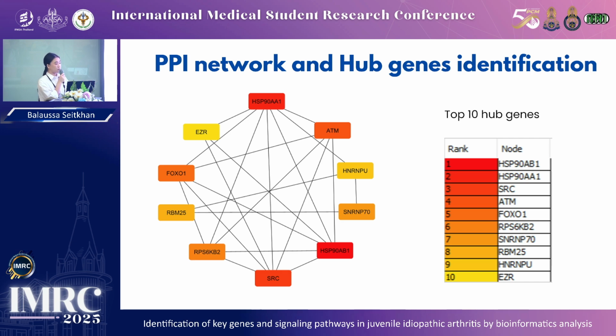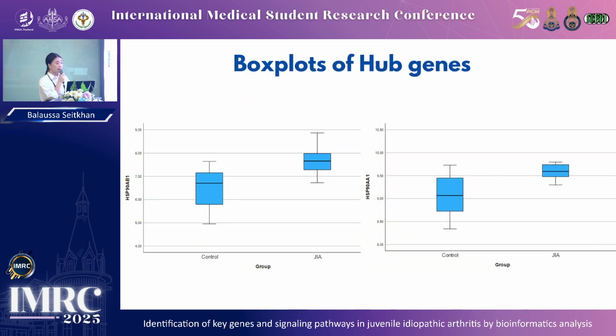You see the PPI network for hub genes, and box plots of hub genes. We selected two significant hub genes, HSP90AB1 and HSP90AA1, and you can see the distinct differential expression for the two groups.